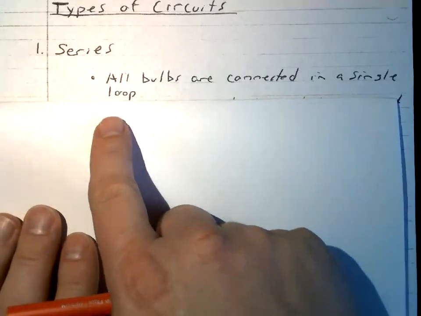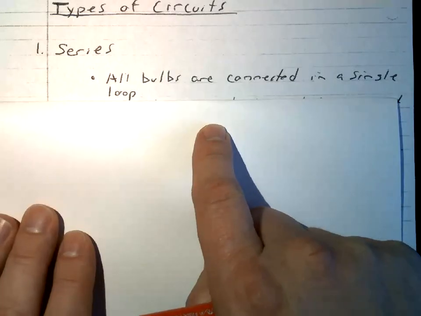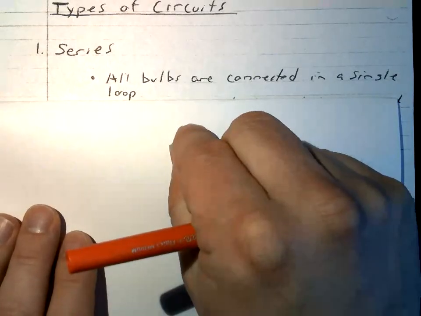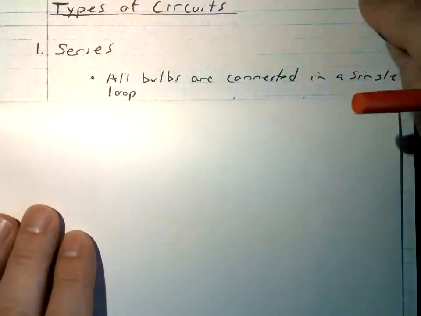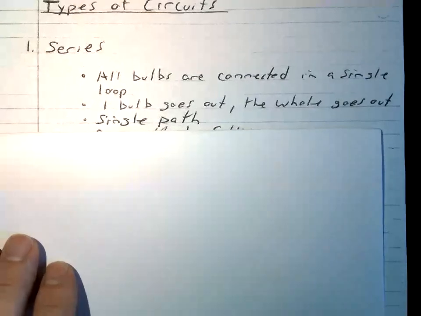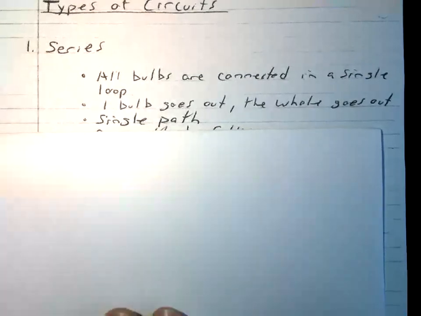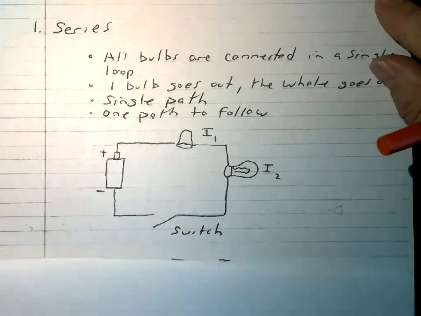Let's say you have very cheap Christmas lights, and if one of those lights happens to go out, the whole strand goes away. If one bulb goes out, the whole thing goes out. That's what we call a single path, and it looks like this.